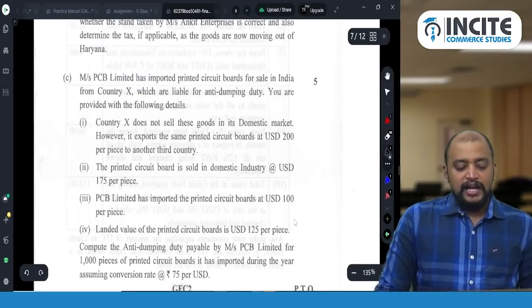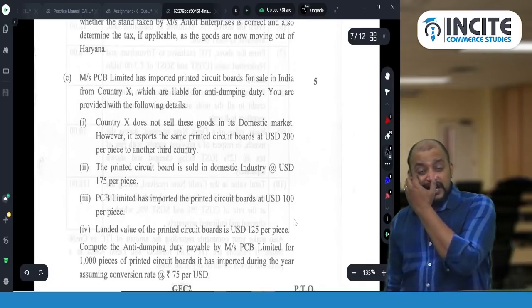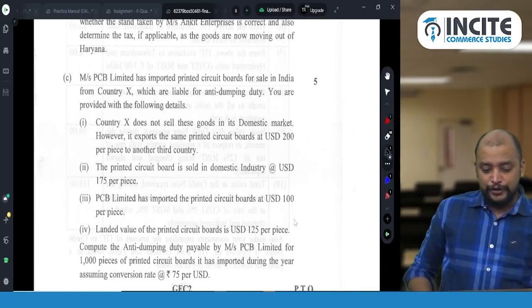In November 2021, a 5-mark question was asked based on this point, that is, this proviso.